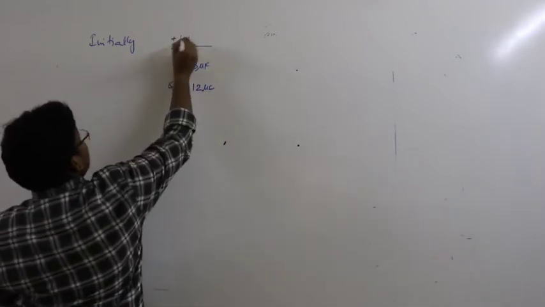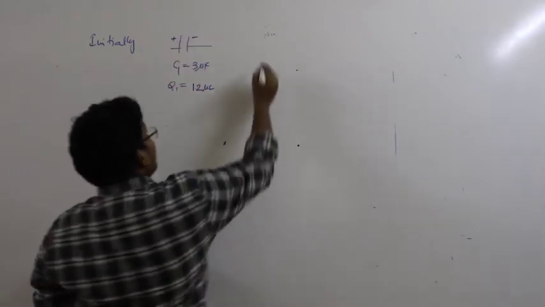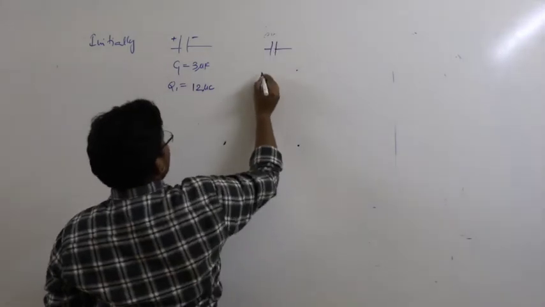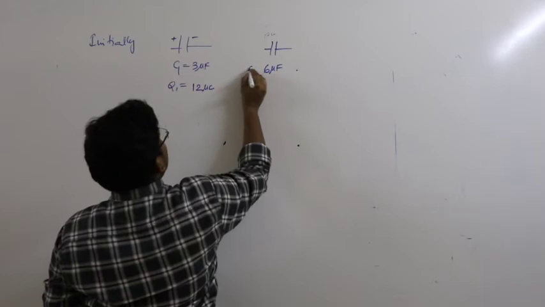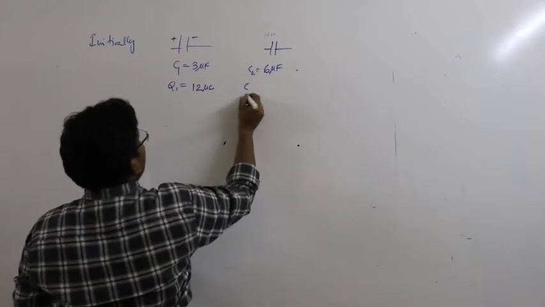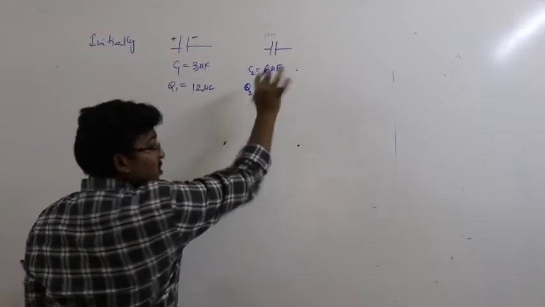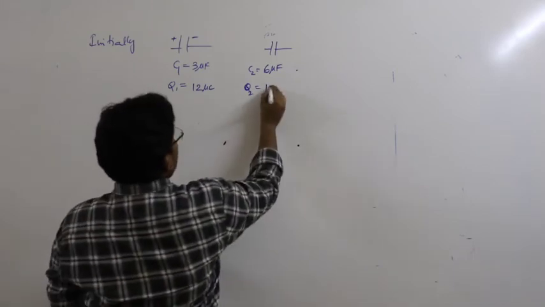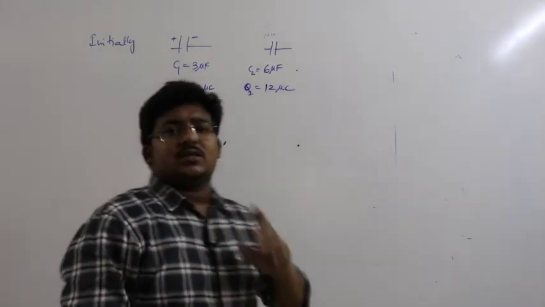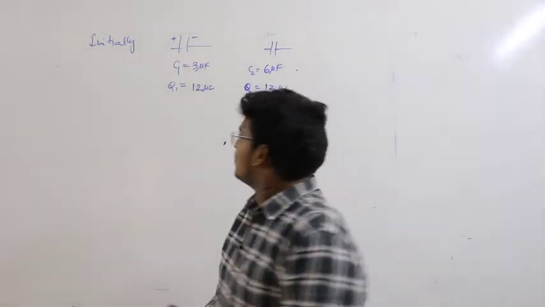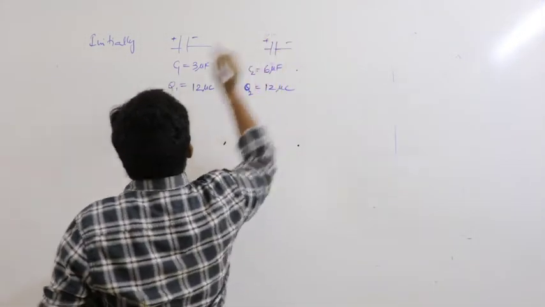It means this is plus, this is minus. And I have one more capacitor with me, C2, which is 6 microfarad, and initially it has a charge of 12 microcoulombs. Means they are initially charged. Okay?